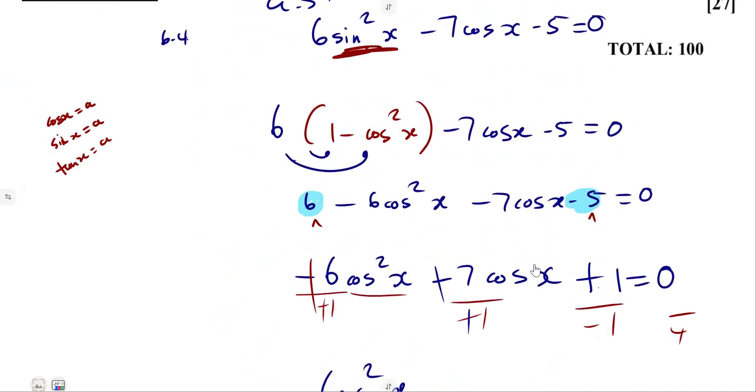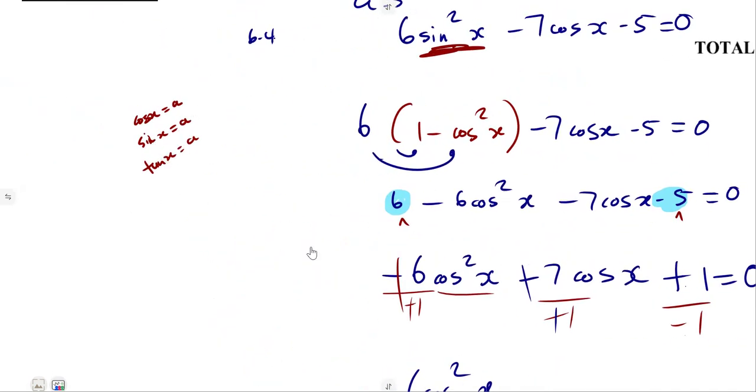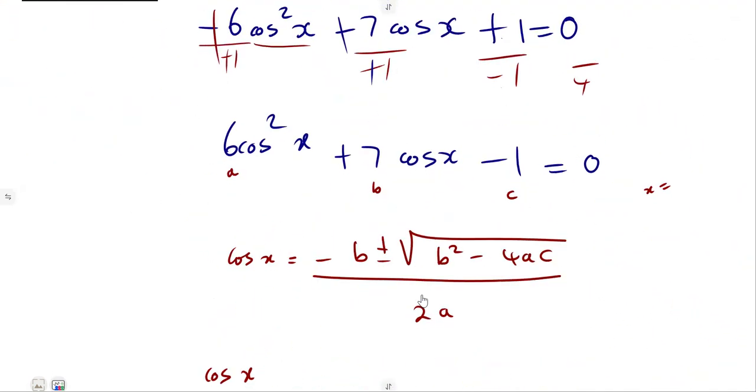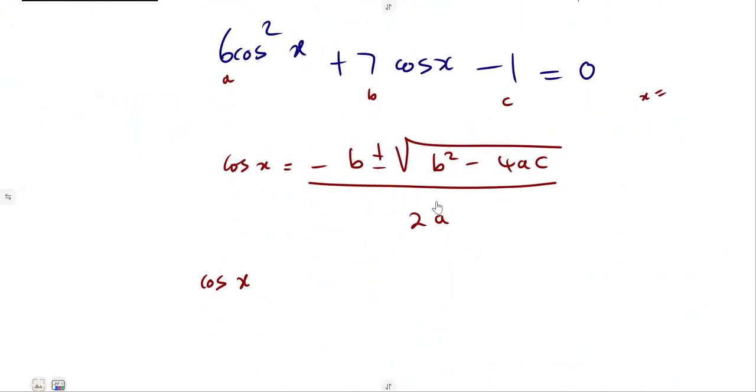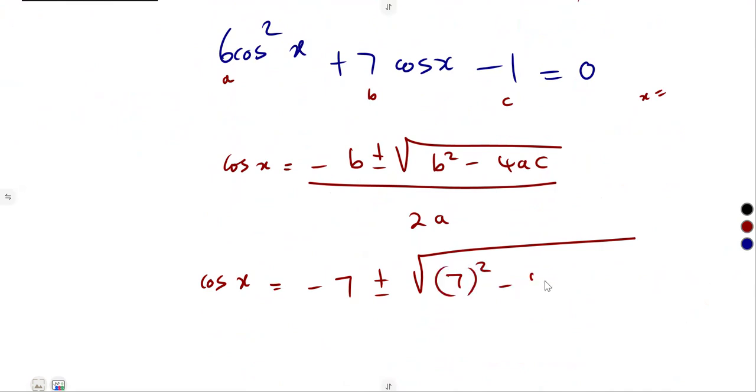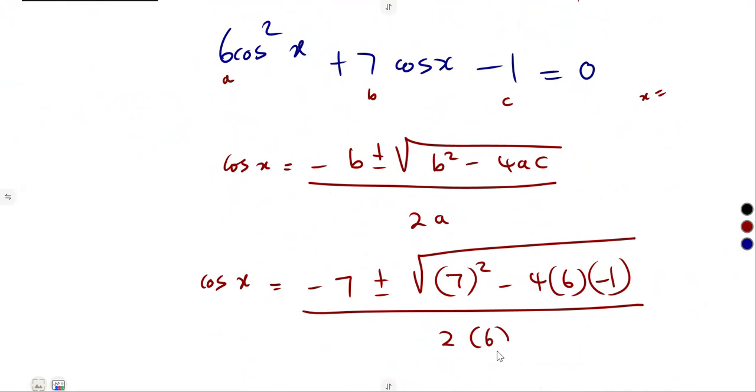This is what we want: cos, sine, or tan of a single trig. So that's negative b, 7, plus or minus the square root of 7 squared, minus 4 times a, which is 6, times c, that's negative 1, everything over 2 times 6.